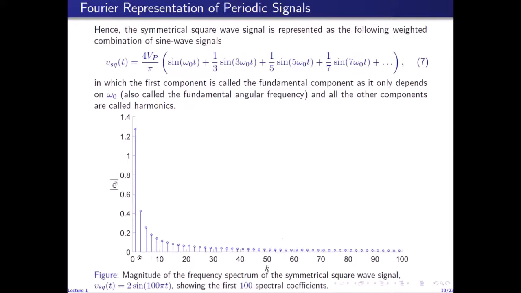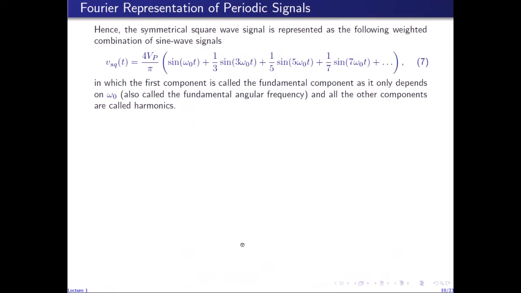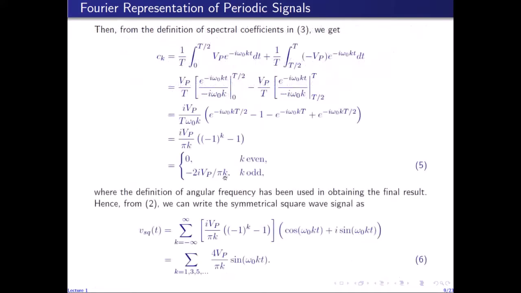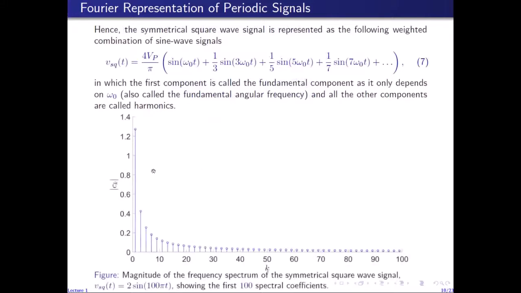I have chosen to plot the coefficients for positive values of k, and for k up to 100, because they go down in magnitude with k, as they are inversely proportional to k. So the magnitude dies out after a certain k value. So this plot actually shows the frequency domain representation, or the Fourier representation, of the periodic signal.